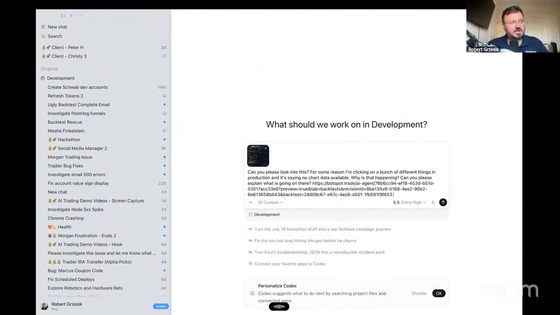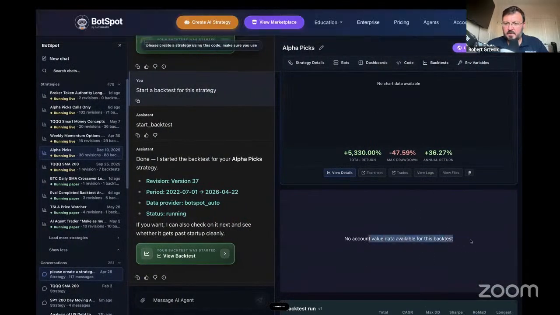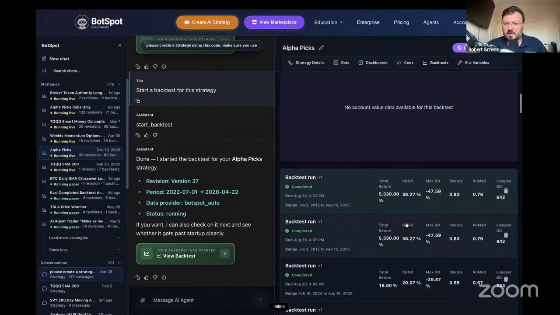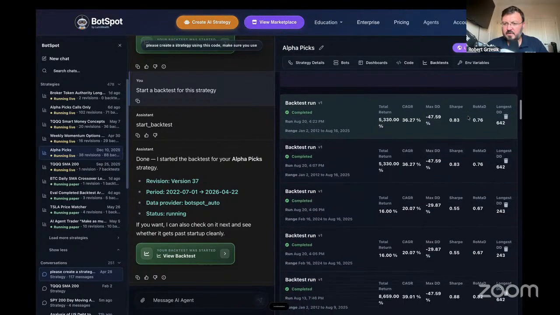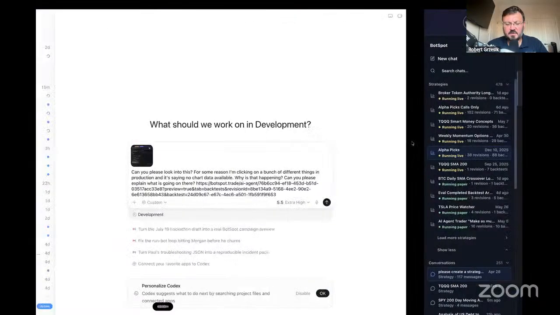It's for this strategy and a few others as well, that for some reason it just doesn't load older chart data. Same thing with the indicators chart as well. For some reason it's not there, but it does show the total return and all those kinds of things.